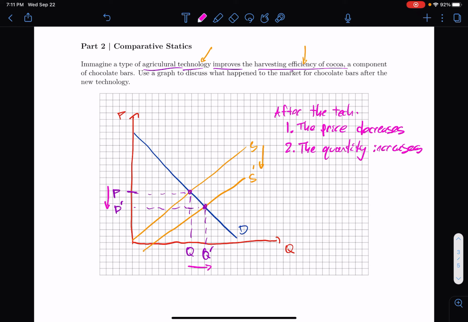So this is a fully complete answer here. We're looking for the two changes. We get a shift in the supply curve. And you could even explicitly write this out, and that might even be better.